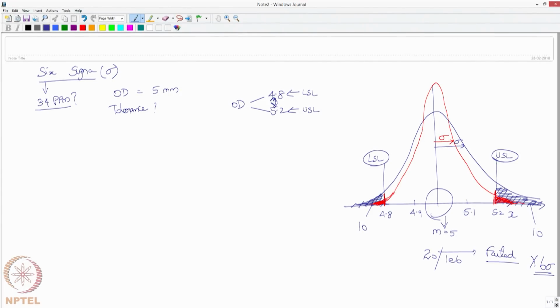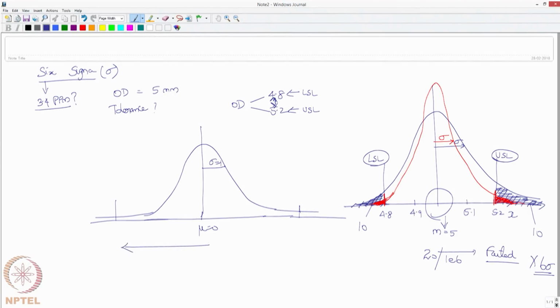If you take a statistical distribution, a standard normal distribution, what it says is, if you walk 6 units, which is 6 sigma, on this side and 6 sigma on this side, so let us assume it is somewhere here and here, this means it is plus or minus 6 sigma.